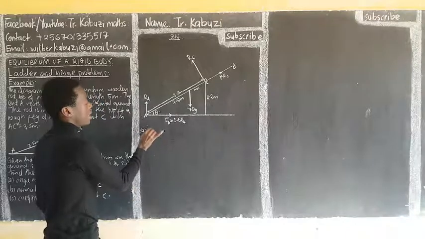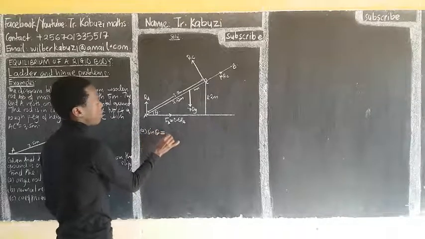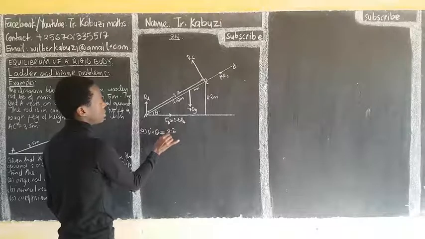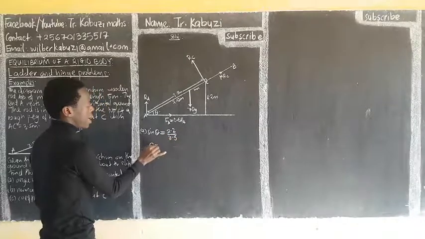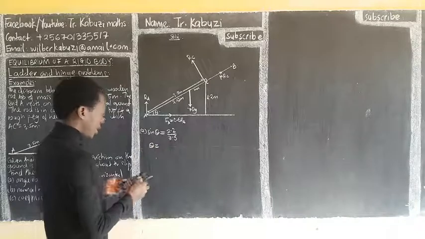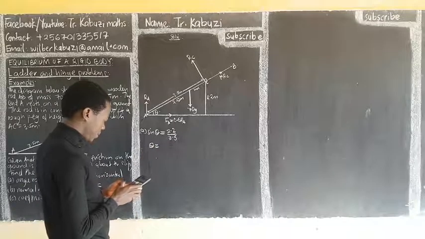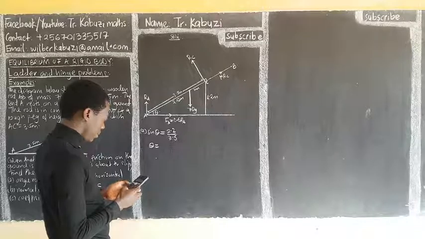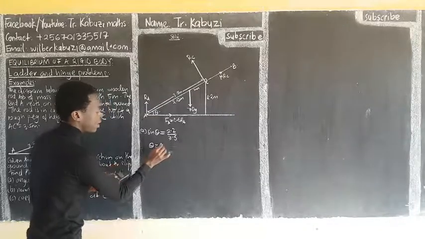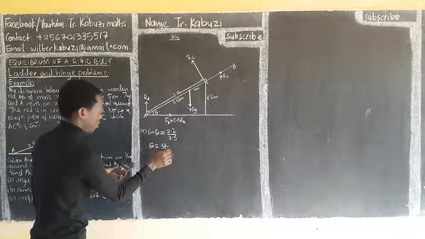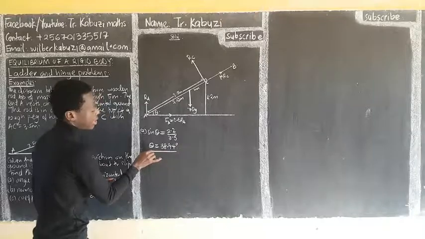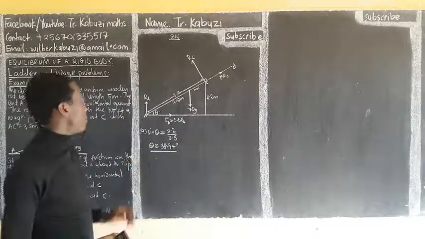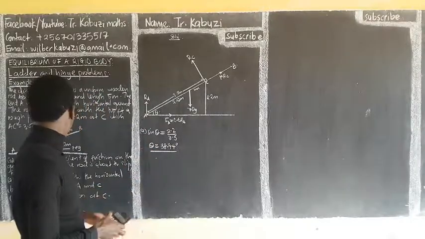My sine theta is going to be the opposite, that's 2 over 3.5. So from there, my theta is going to be 35.69 degrees. That is the angle the rod makes with the horizontal.